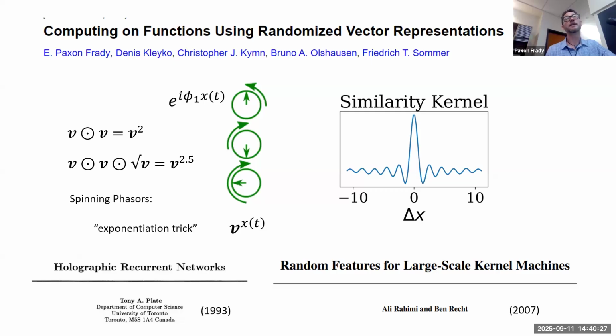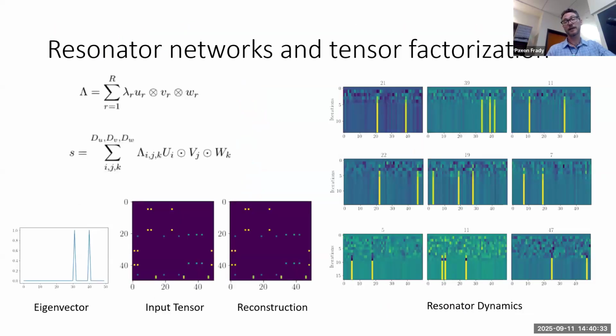Each one of these is a set of eigenvectors, and R is 3 basically, and each one is a set of eigenvectors that makes up the tensor. They're tensor eigenvectors, yes.